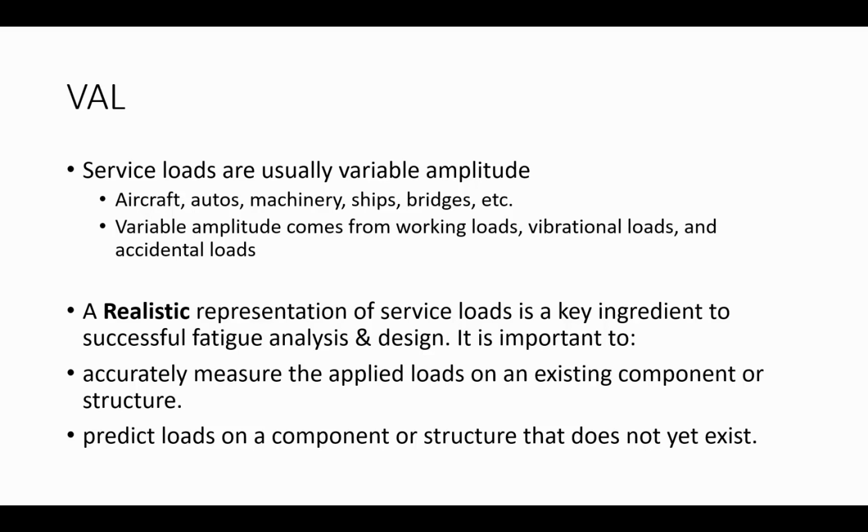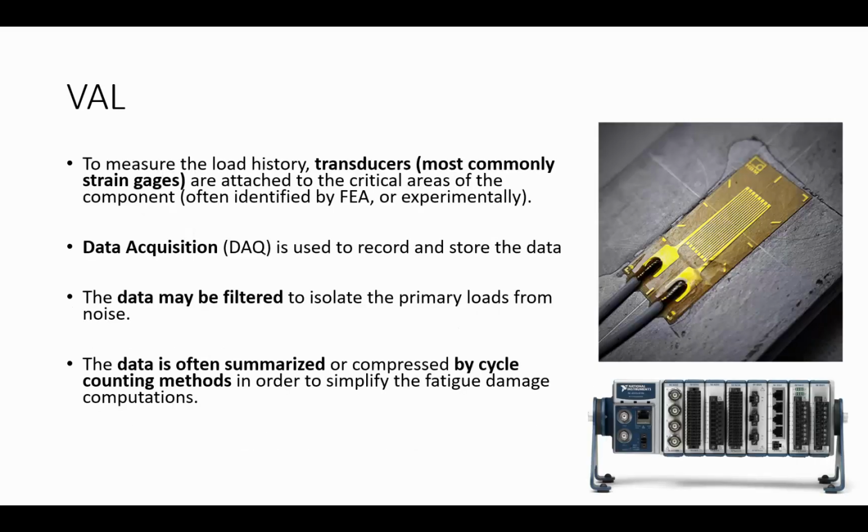So it's important to accurately measure the applied loads on a component as well as predict the loads in those components that have not been created yet. To measure the load history in a physical structure, most commonly, strain gauges are attached to critical areas on a component. And then that component is subject to service loads or even simulated service loads in a load frame.